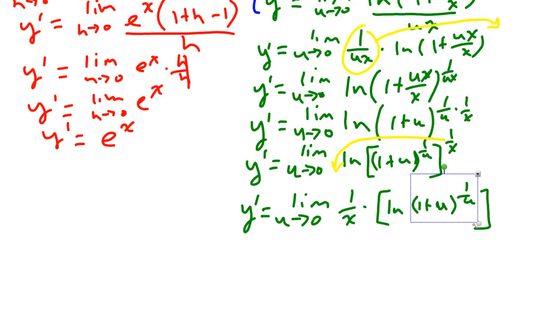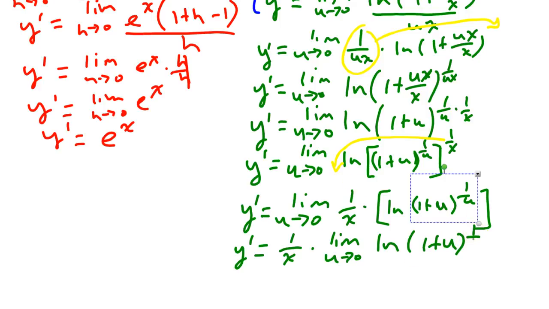Now again, because I'm taking the limit with respect to the variable u, this 1 over x factor can actually come out and just become y prime equals 1 over x times the limit as u approaches 0 of the natural log of 1 plus u to the 1 over u power.